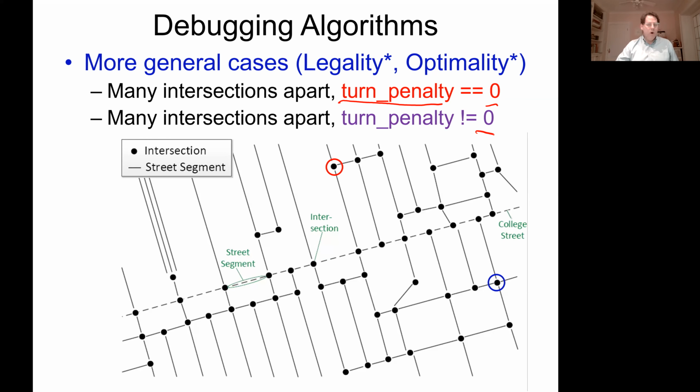If you find that you always pass when turn penalty is equal to 0, but you fail when turn penalty is not equal to 0, well, that's a big hint, right? Focus in on how do you handle turns? Is there anything different in your code? Anything that becomes active, any different cases you have to consider when the turn penalty is not equal to 0. So that's why we give you some cases for both.